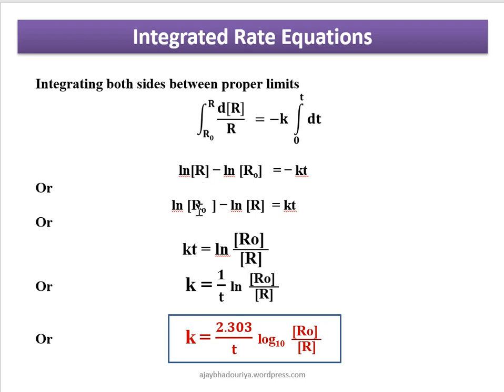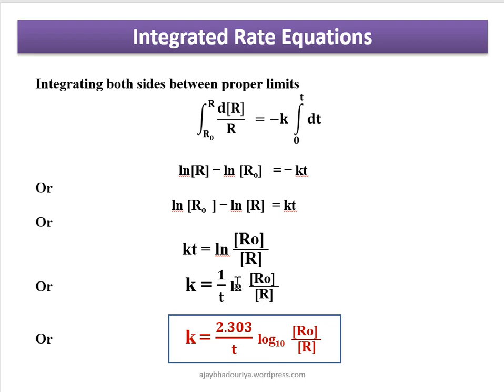So ln R0 minus ln R is equal to Kt, or Kt is equal to ln R0 upon R, because ln a upon b is equal to ln a minus ln b. So K will become equal to 1 upon t ln R0 upon R.